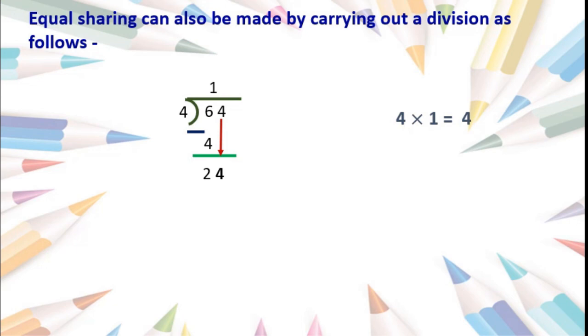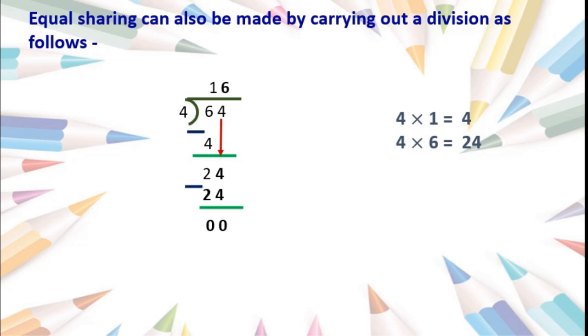We got the exact number. So we will write 6 in the units place, isn't it? And we will write 24 below 24 and subtract this. What remained? 0. Means each child got 16 lollipops, isn't it?